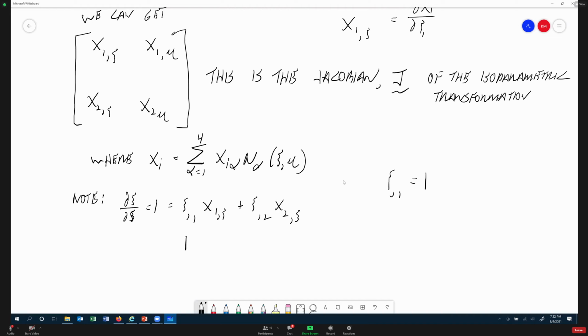So this is equal to 1 times the partial of x1 with regards to c plus the rest of this. So it would be 2 times the partial of x2 with respect to c.